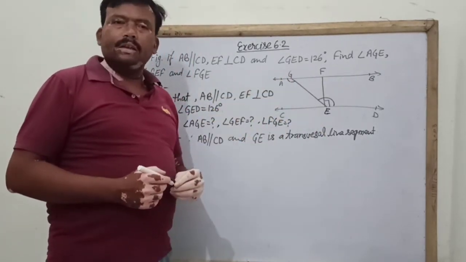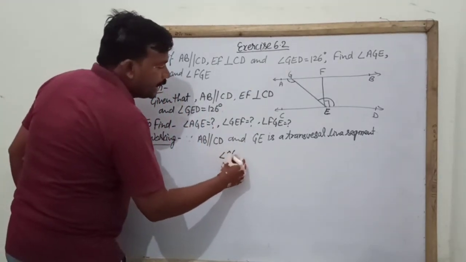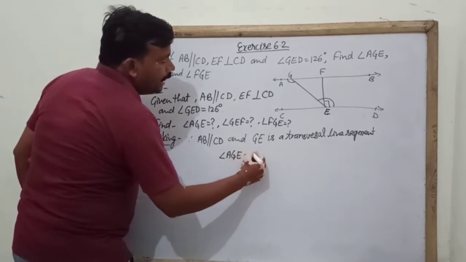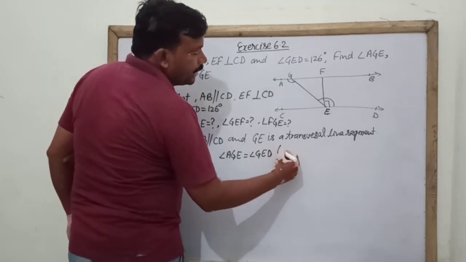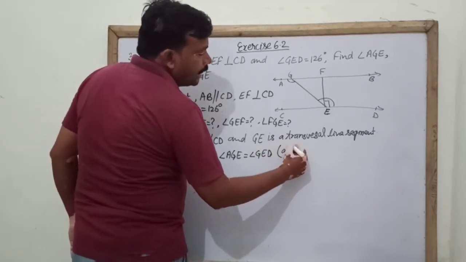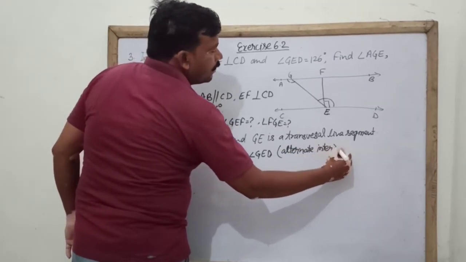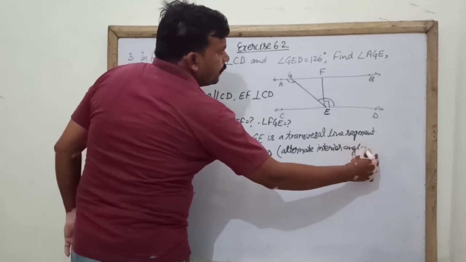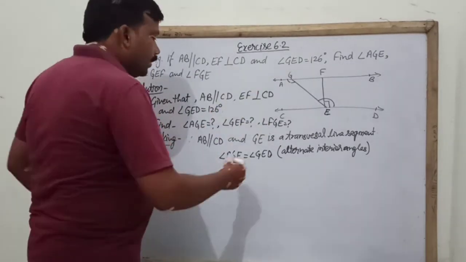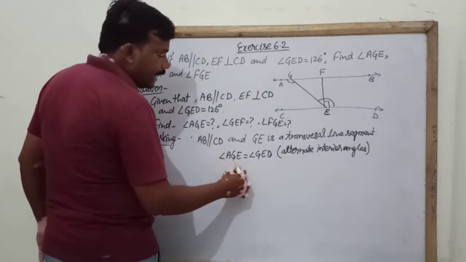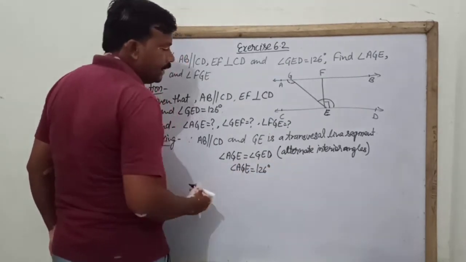Since AB is parallel to CD, these two angles will be equal. So angle AGE equals angle GED, alternate interior angles. GED is given as 126, so angle AGE equals 126 degrees.